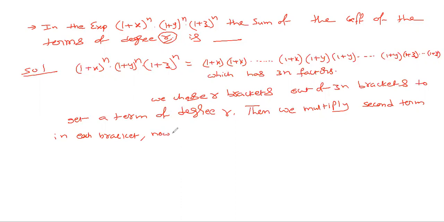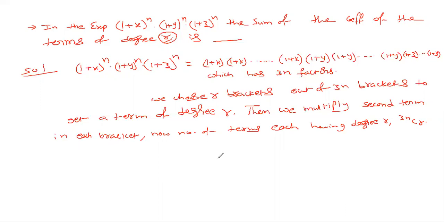Now, the number of terms each having degree r will be 3n C r.